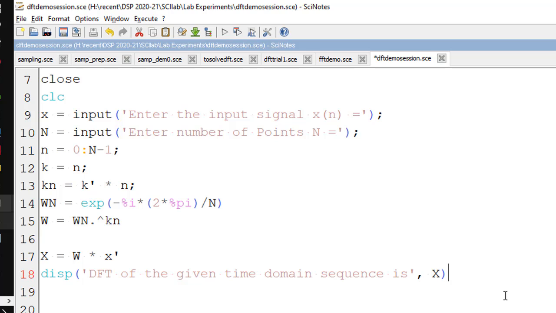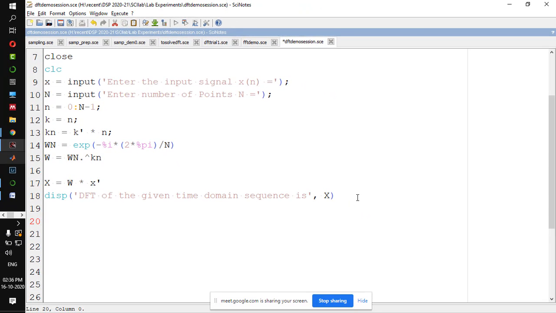Yeah, we have to find the magnitude and phase angle of this X of k, right? So we'll do that. It's not that complicated. We have an inbuilt function to do that. Let me call it capital X underscore MAG to get the magnitude response of X of k, is equal to, the command is ABS of X of k. And where is X of k? X of k is in capital X, so I'll put it as capital X. Fine.